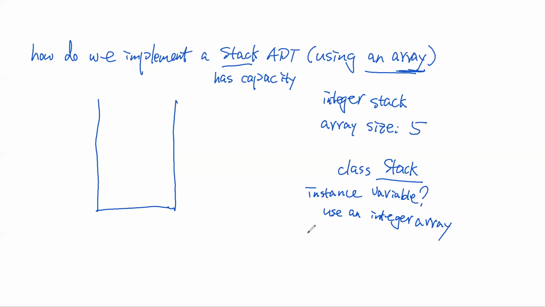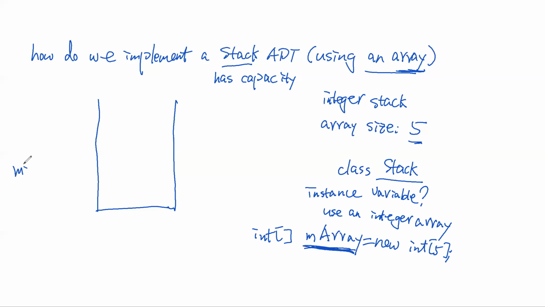Suppose I name it mArray, and it's an integer array. Of course, if the size is 5, then you can do new int 5. So anyway, I'm going to use this mArray. So I have the array.